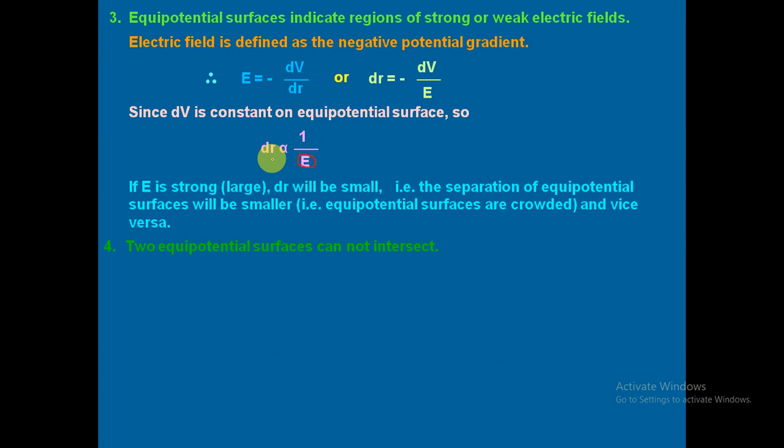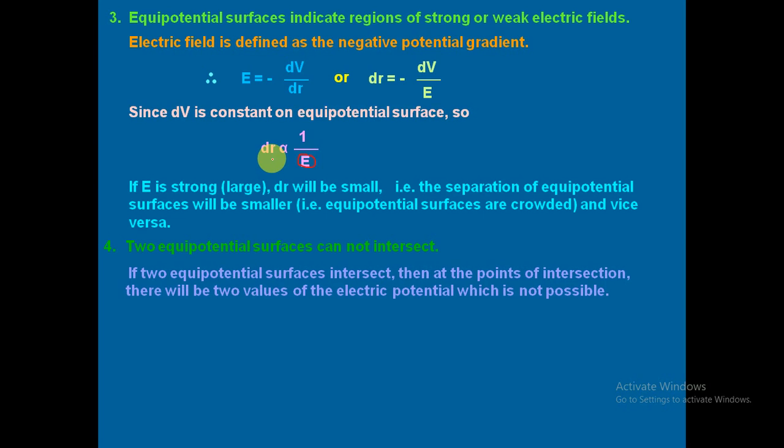So the next property is that two equipotential surfaces cannot intersect. We already know that two electric field lines cannot intersect, because at the point of intersection the electric field would have two different directions, which is not possible for a vector quantity at one point. Similarly, we can prove that two equipotential surfaces cannot intersect.